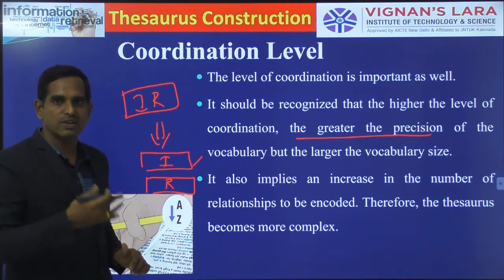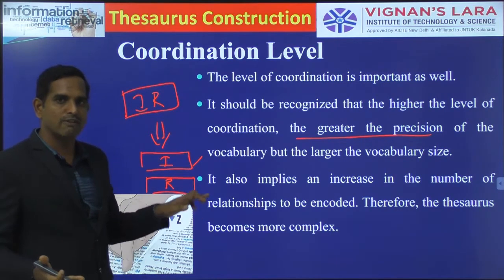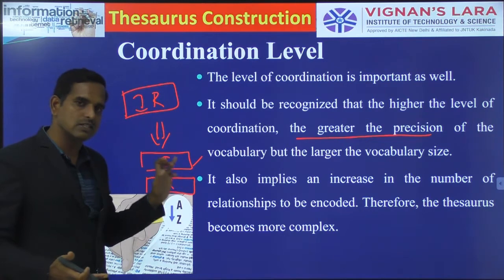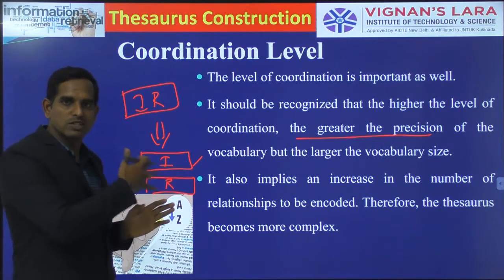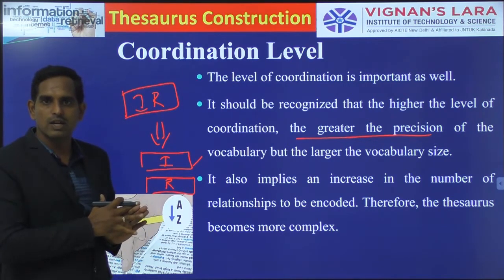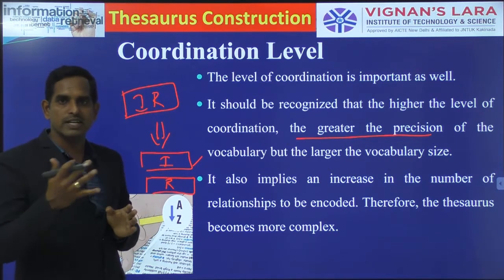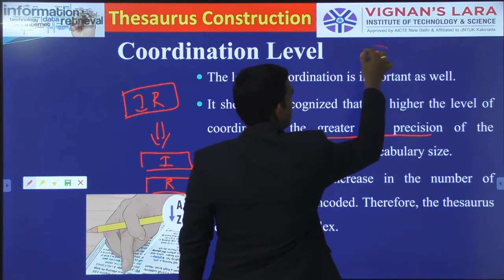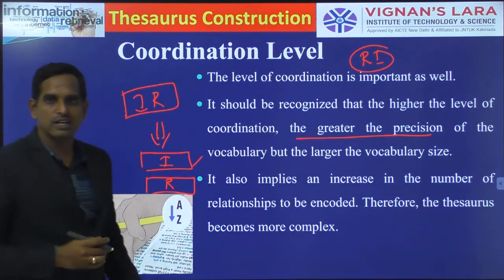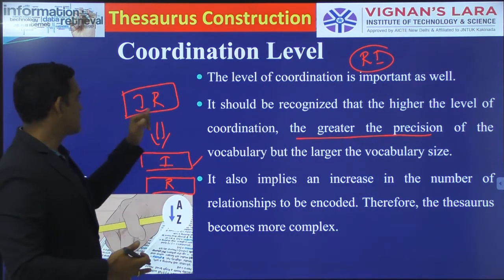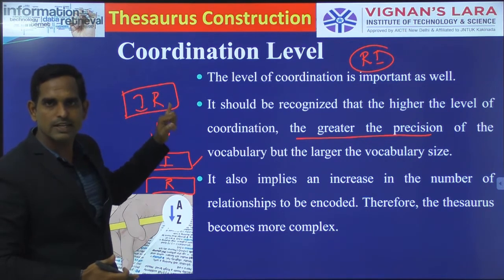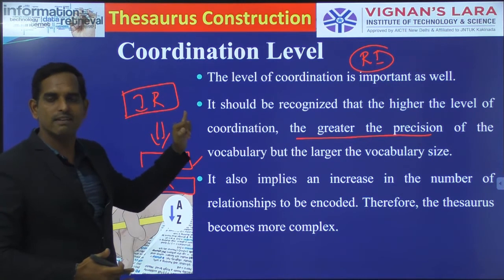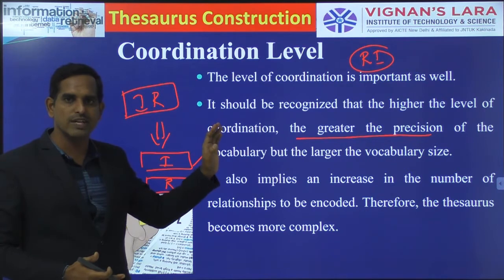If I search for information retrieval, I will get the terms about information and I will get the information about the retrieval process as well. But if I search for retrieval information, as I told you in the previous slide, since there is no retrieval information term here, it will not give you a result.